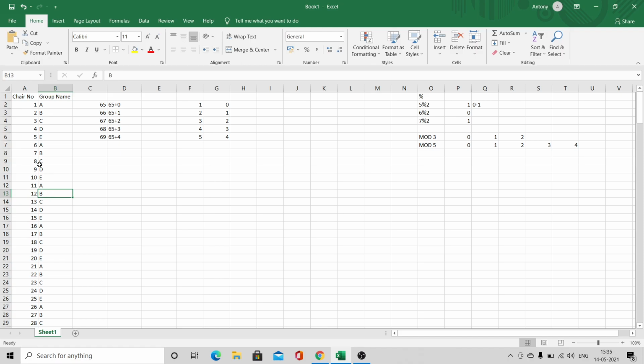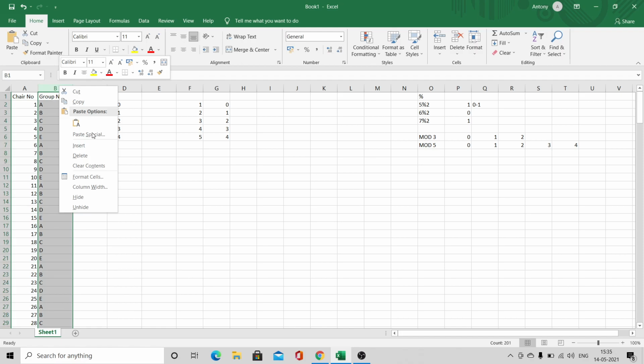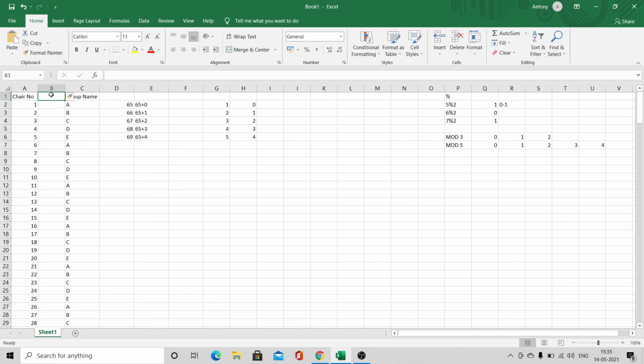Okay. Now we will check on the input. So you know that there are five combinations. So I will be using the function mod 5. There are five combinations.